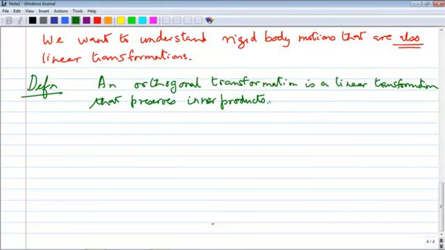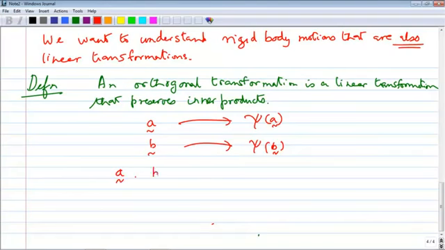So suppose we had A and we had B, and A gets mapped to psi of A and B gets mapped to psi of B. What do I mean by inner product? So the inner product before the transformation is given by A dot product with B, and the inner product after the transformation is given by psi of A dot product with psi of B, and these two are equal.